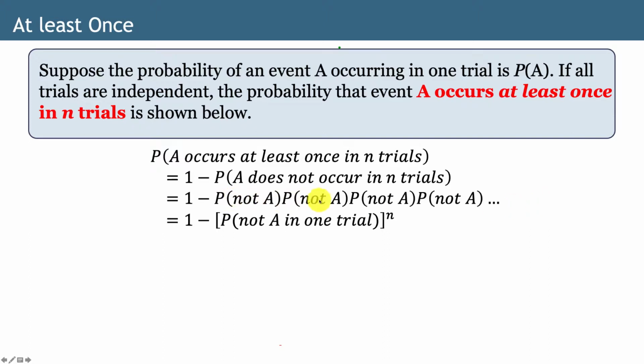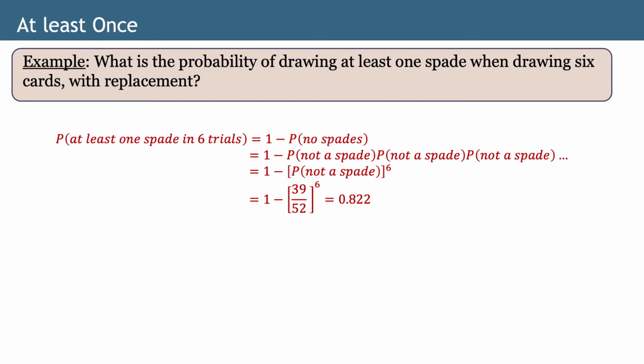And you can do that because they're independent. So if it's independent, you can multiply, multiply, multiply. Well, the shortcut for that, because these are all the same, is like saying the probability it does not happen to the nth power. And so this is a nice little shortcut formula for the at least once scenario.